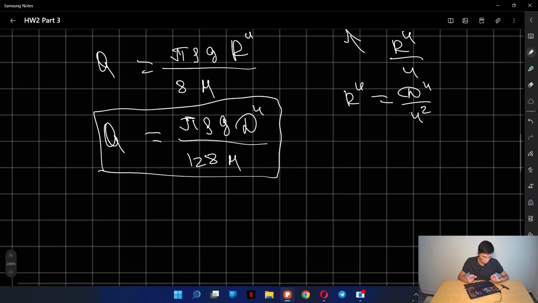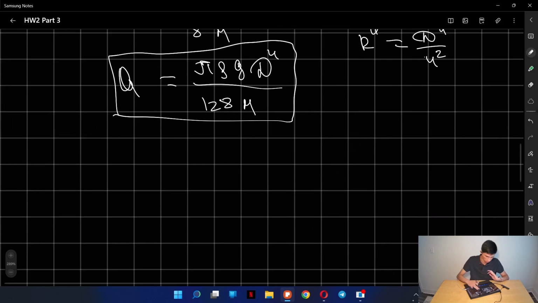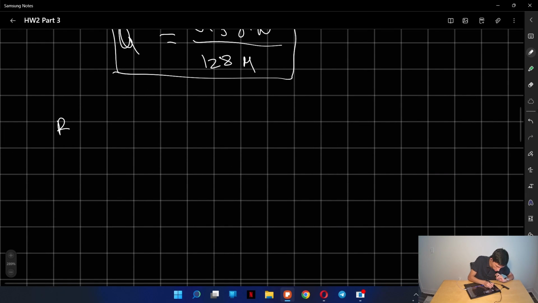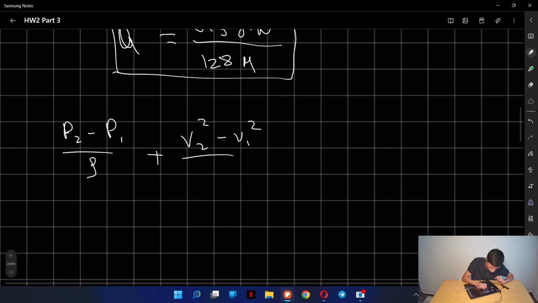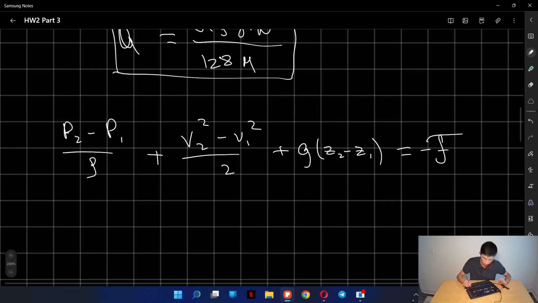And the next thing I can do here is consider the Bernoulli equation. The Bernoulli equation was the change in P over density plus change in velocity squared over 2 plus g times z2 minus z1 equals negative frictional heating, right?